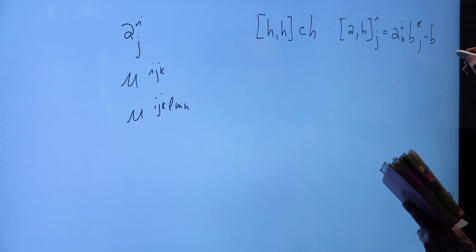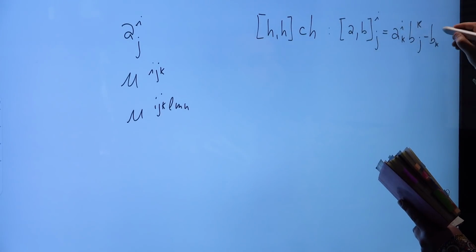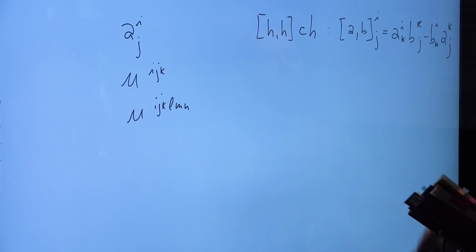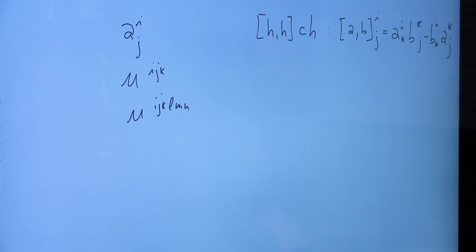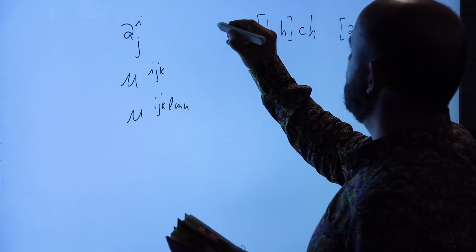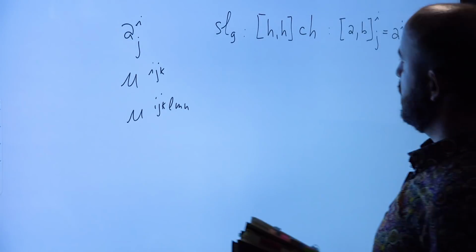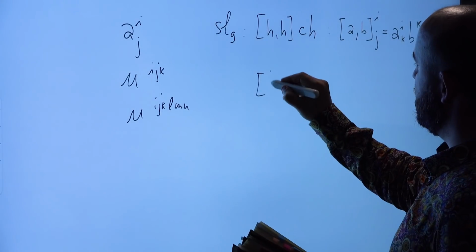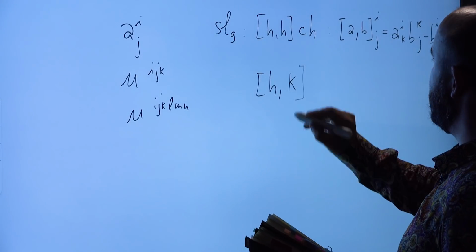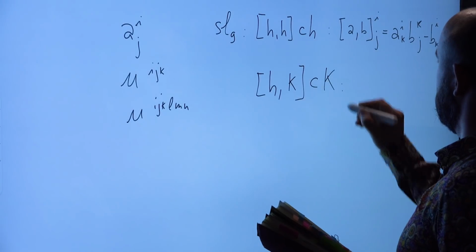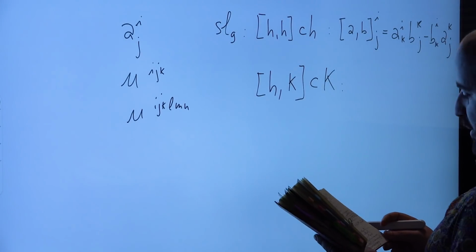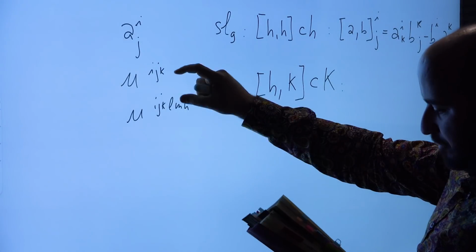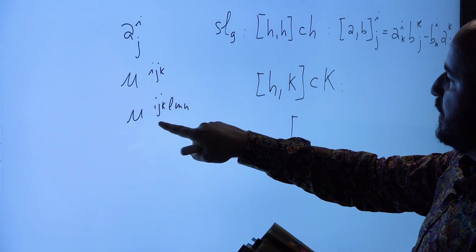It's just the explicit form of the commutator. Okay, so this is trivial. It's essentially the algebra of SL9. Then the other thing is that, as I told you, K is a representation of H. So what holds is that essentially we have A commuted with both U and U star.